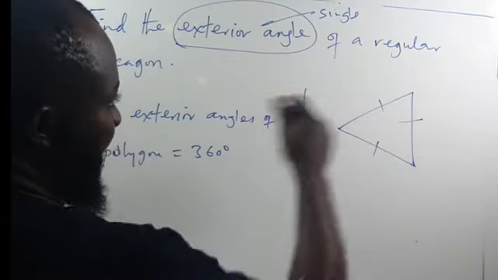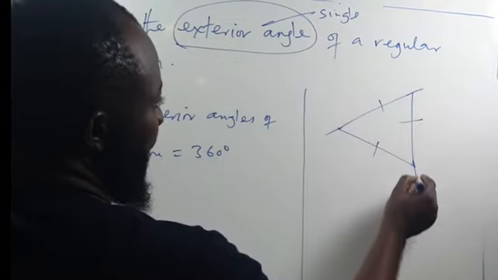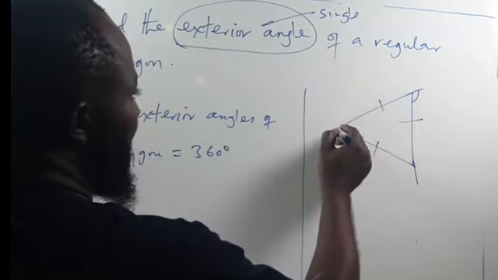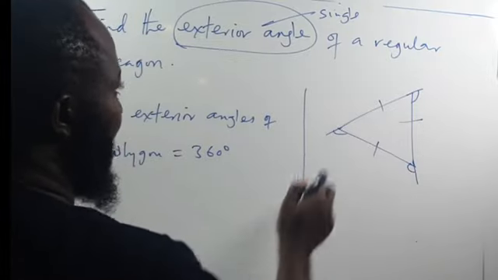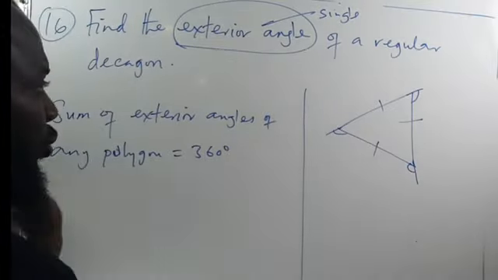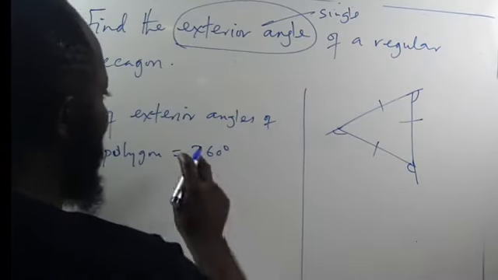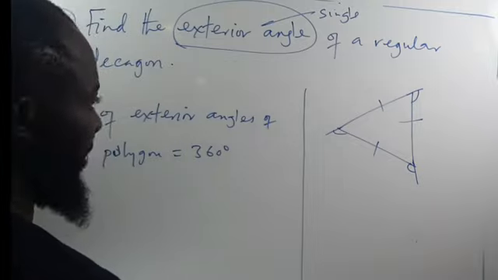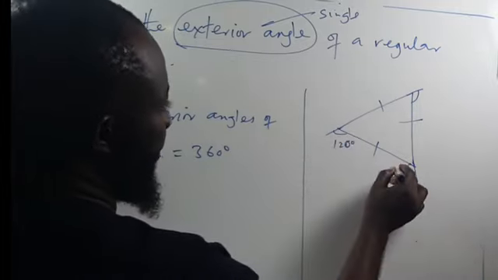All the sides and angles are equal. So the exterior angles here, this is one and this is another one, and the addition of everything here must give us 360. Which means each of them is the same. So 360 divided by 3 gives us 120 each.